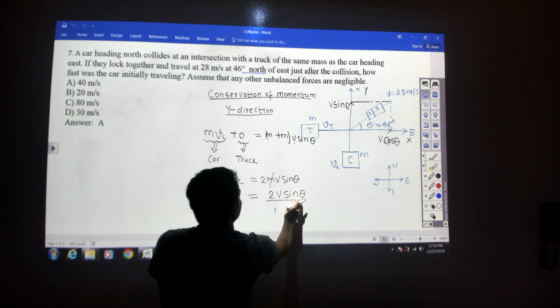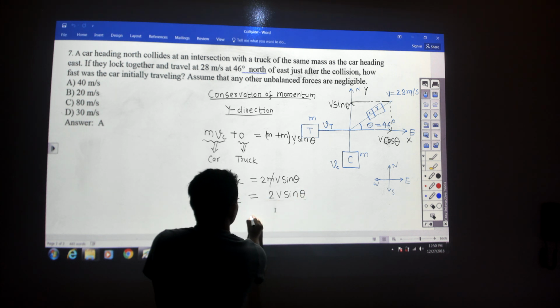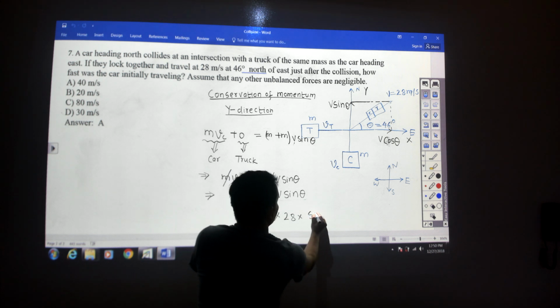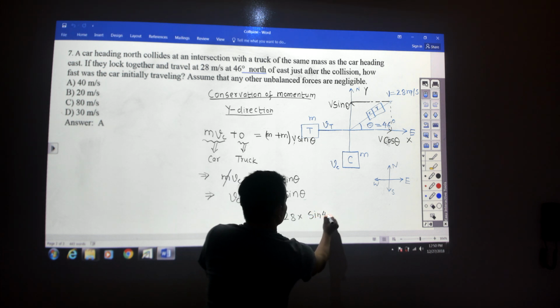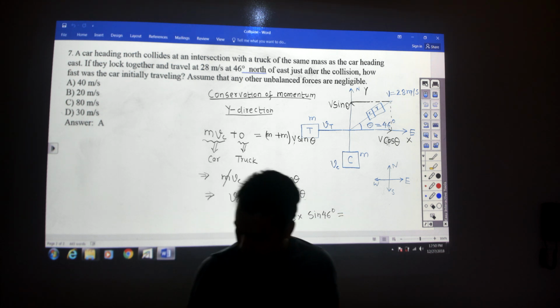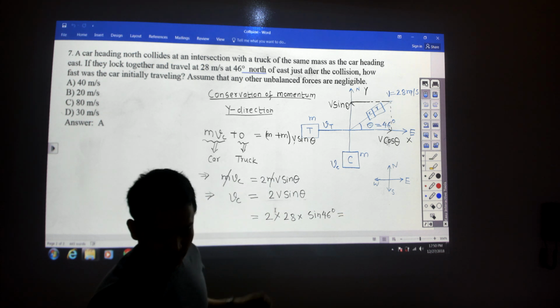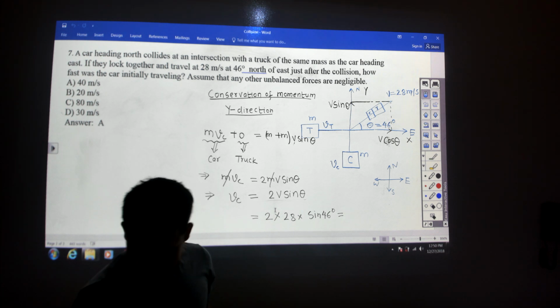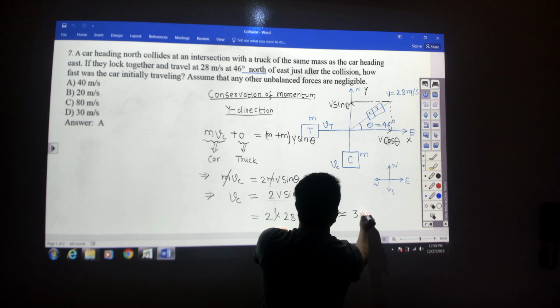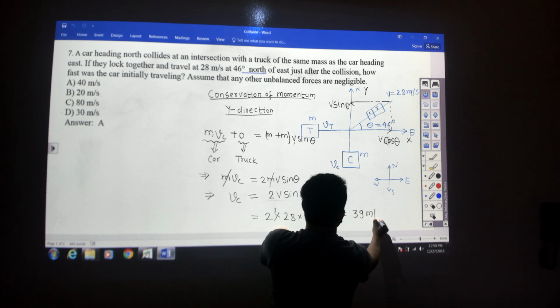The velocity is 28 times sine of 46 degrees. Just plug in all the numbers, and the answer we get is close to 39 meters per second.